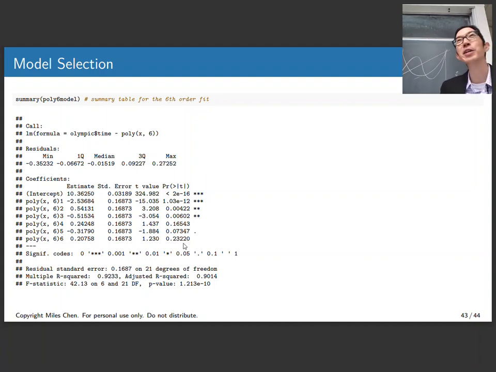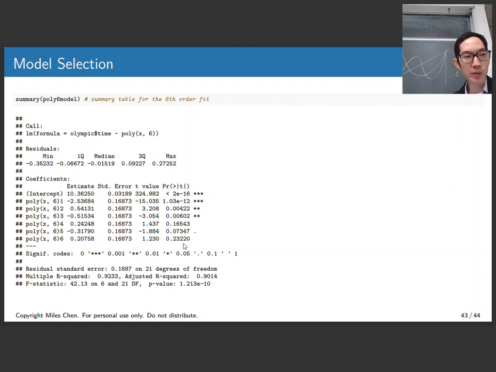I imagine this is the approach you used in 101A for determining which terms to keep and which ones to throw out. And that's fine, that's a good approach. I'm not knocking that.